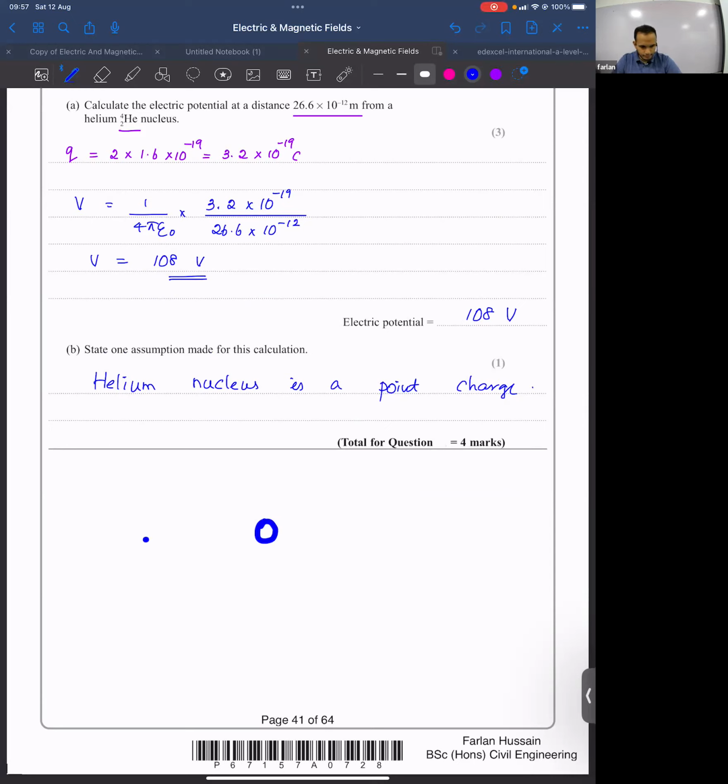Yusuf? Yes, sir. So we are assuming that it's concentrated to a point, not spread over a large area. Because this equation is for a point charge. Whenever we apply this equation, we assume everything to be a point charge.